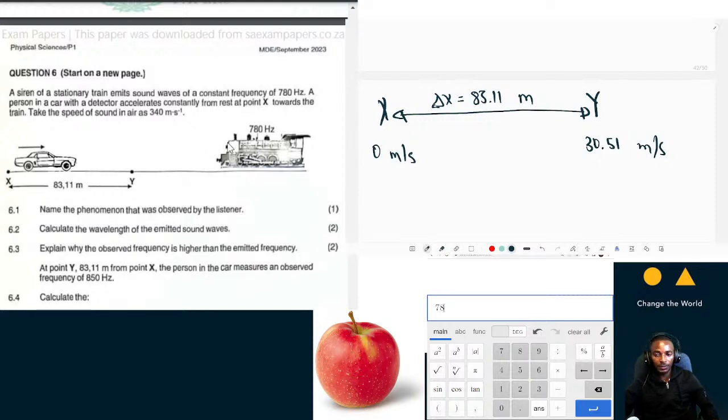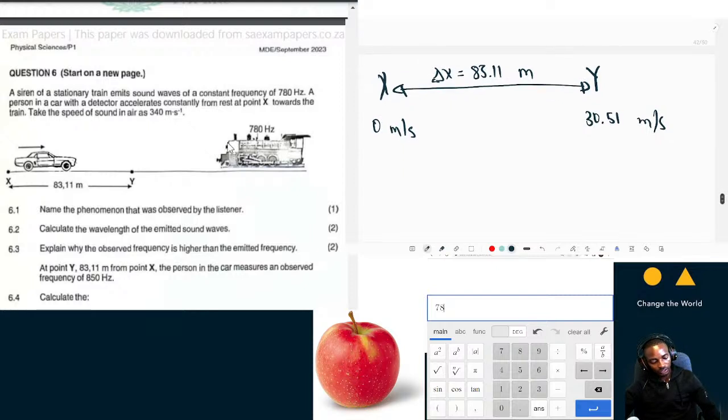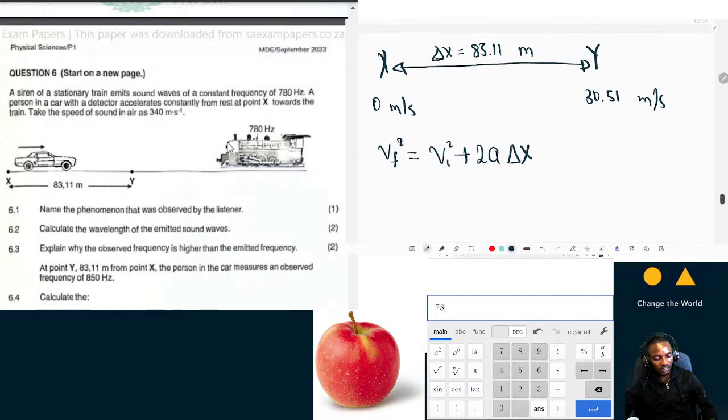So we recall our equations of motion. You can check at the back of your formula sheet. So Vf squared is equal to Vi squared plus 2a delta x, where a is the acceleration and delta x is the displacement. Vf and Vi are the final velocity and initial velocity respectively.